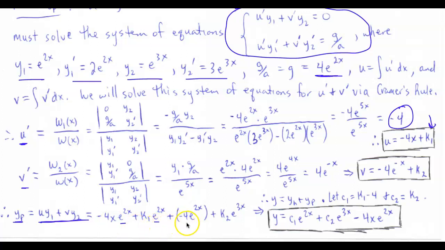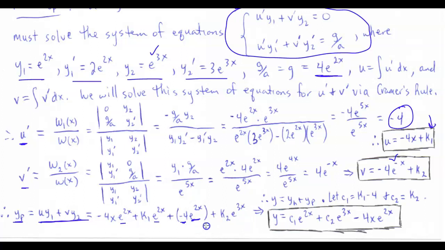So if we multiply this e raised to the 3x times this v here, the e raised to the 3x times e raised to the negative x would give you e raised to the positive 2x here. And of course, 1 times a negative 4 will give you a negative 4. So that's how we get that first term.